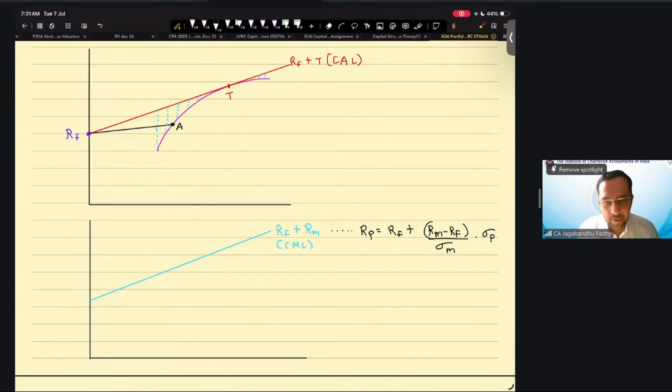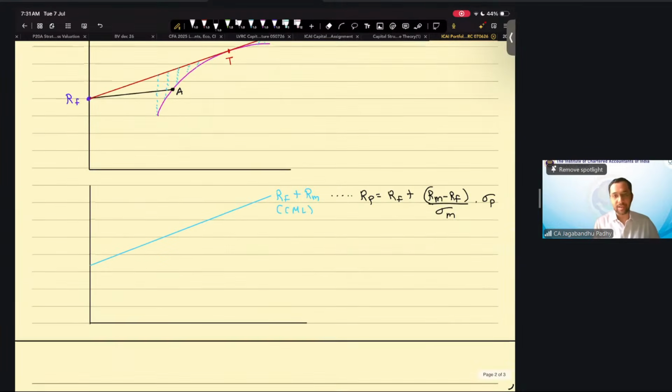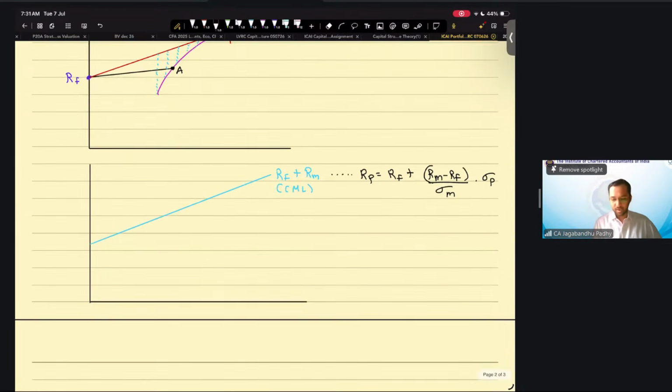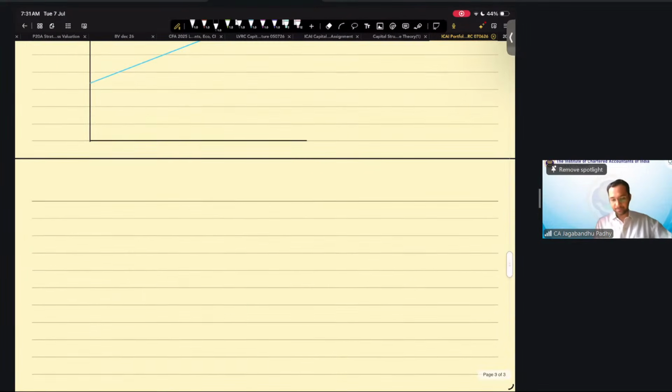This is the capital market line. And mind you, this is not your capital asset pricing model or beta. Beta comes a stage after this, in the next stage. The capital market line actually leads to the formation of the securities market line. Let's go for the next discussion, which is the securities market line.